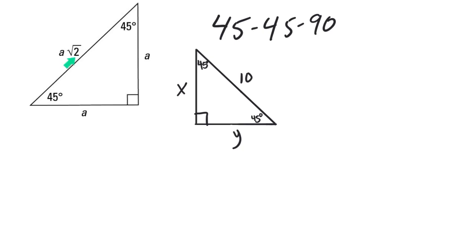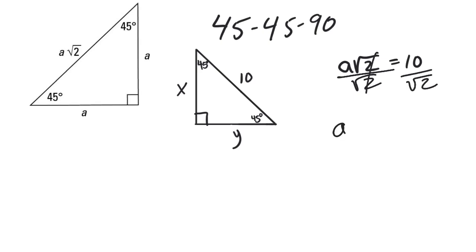So to do that, it would be divided by square root of 2. How this sets up mathematically, we have a times the square root of 2 is equal to 10. And we want to get a by itself because we want to know what a equals. That's what the distance or the measurement of the leg is. So we want to know what a is. So all we have to do is divide by square root of 2.